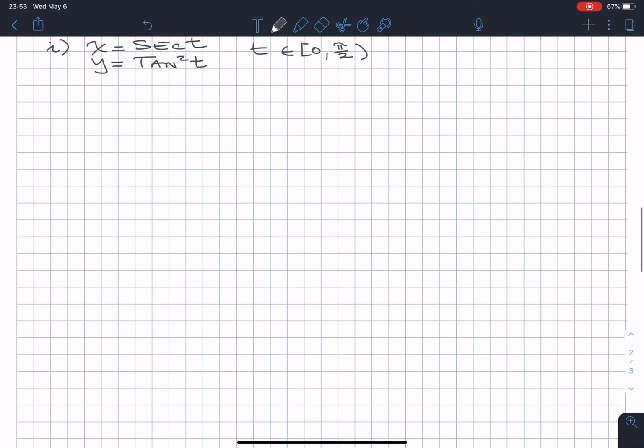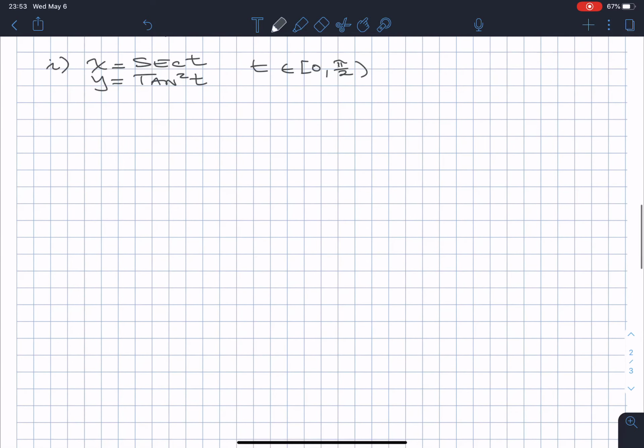Okay, so I could do a t, x, y chart, and in fact, why don't I just go ahead and do that so that we have this to fall back on. So I'm between 0 and pi/2, so let's try pi/4, and then pi/3, and then pi/2.